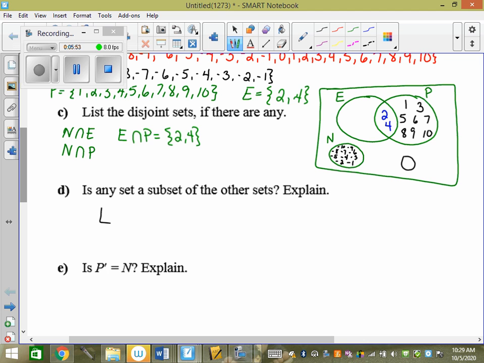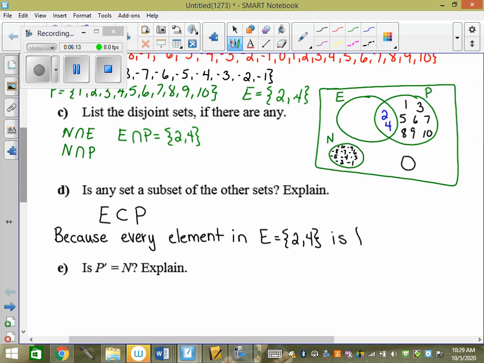E is a subset of P because every element in E, which is 2, 4, is found in P, which is 1, 2, 3, 4, 5. And then I would go so much as to do this.